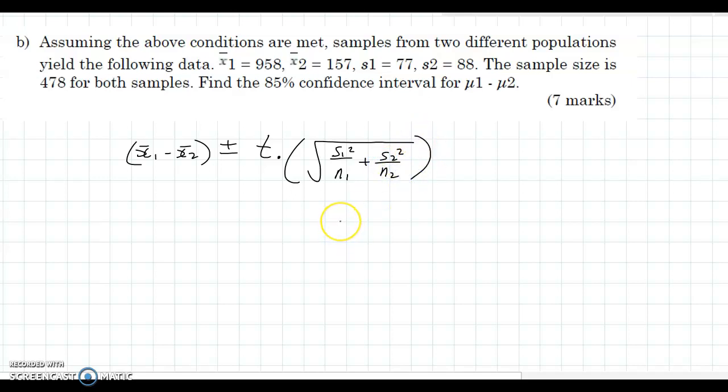Okay, now where are we going to get our t? Oh yeah, we're going to need to work out degrees of freedom as well. So we're going to have to look up our t value from table C in the exam sheet.